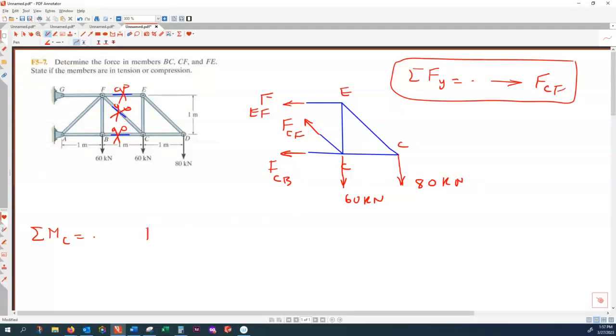So that FCB vanishes because it passes through C, AT vanishes, and then 60 makes a positive rotation, that is plus 60, and the arm of rotation is 1.